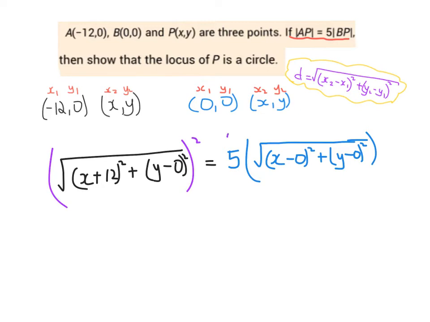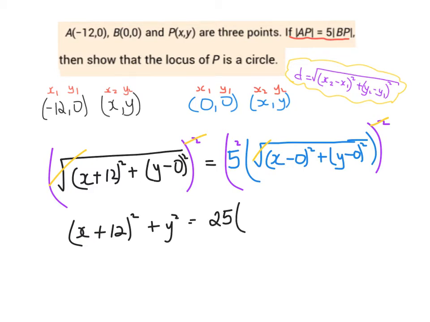Okay, and so just to get rid of our square root signs, let's square both sides. So we'll square here and we'll square here, and this gets rid of that part there, and I'm just left with the 5 squared. So here we have (x plus 12) squared plus y squared is equal to 25 times (x squared plus y squared). Let's tidy it up.